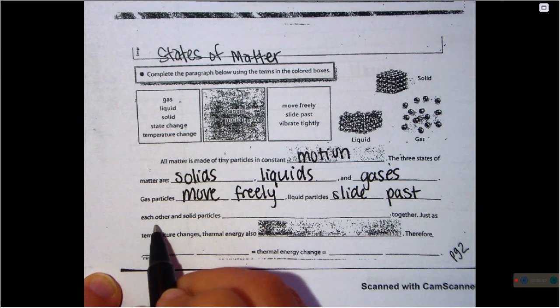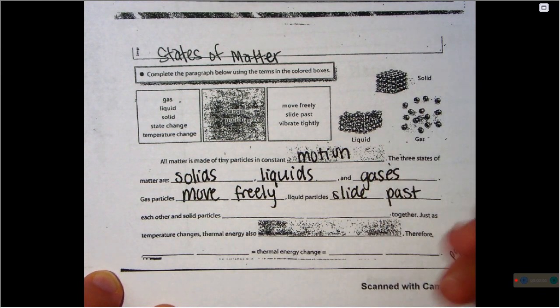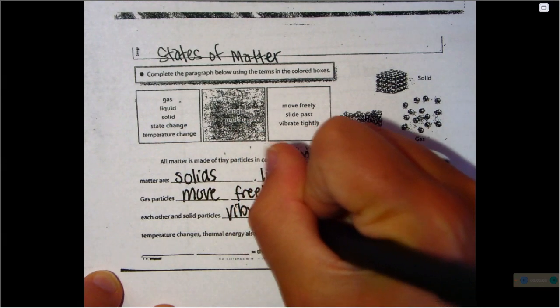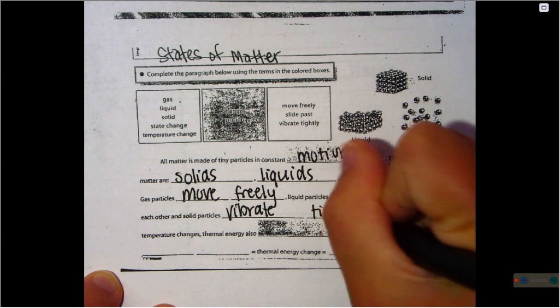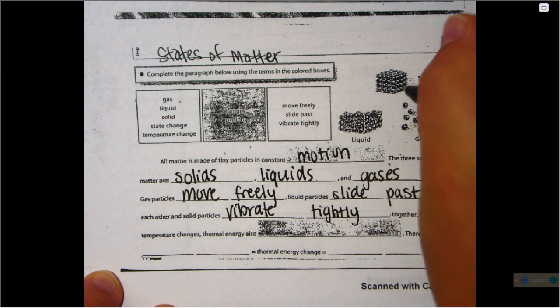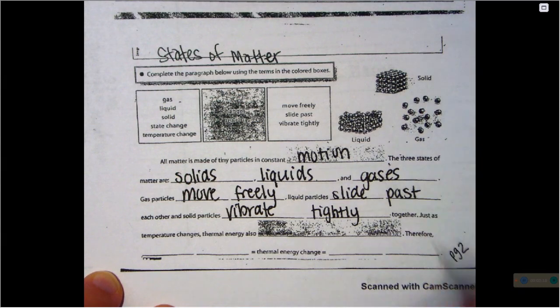And solid particles, our lowest degree of freedom, they vibrate tightly. So even though they are our lowest degree of freedom and they are solid and the object isn't moving, particles never stop moving completely, so they're just vibrating tightly together.